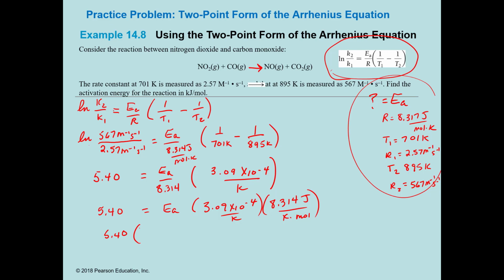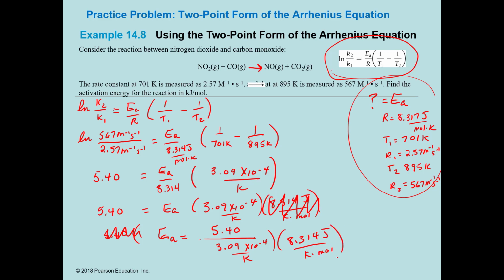No, wait a minute, take that off for a minute, sorry. Oh, I know what I'm doing. I already did the E sub A. The E sub A is equal to 5.40 divided by 3.09 times 10 to the minus 4 over K times 8.314 joules over K mole. I'm just rearranging it.